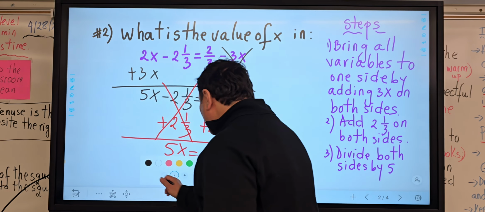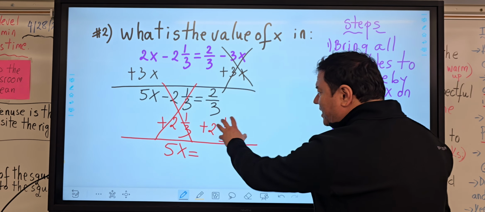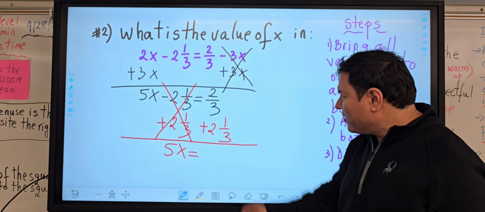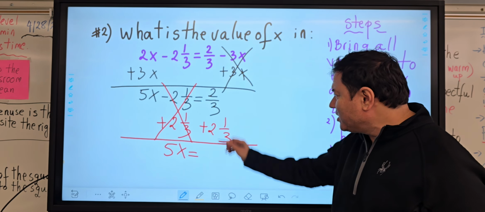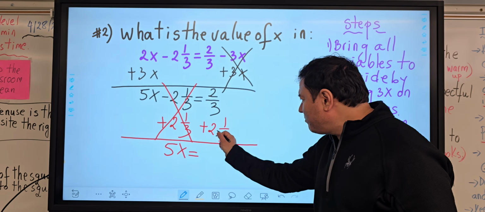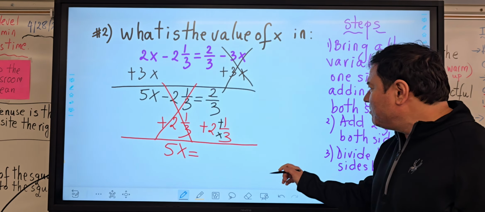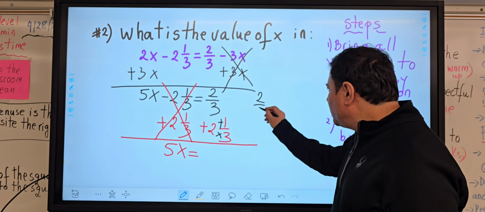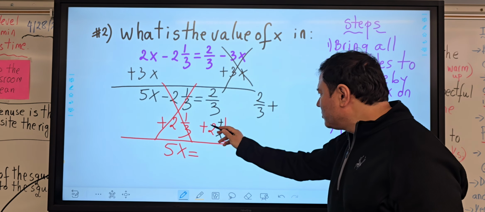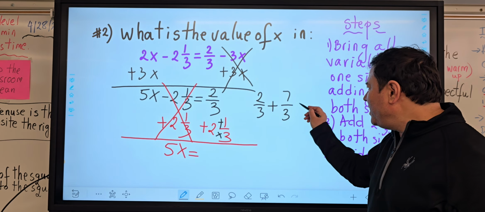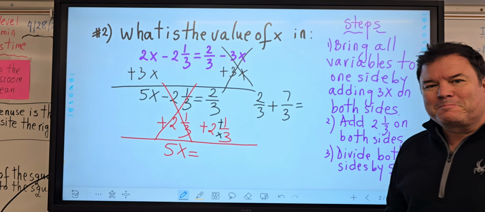And remember, when we do that, we need to change this mixed number into an improper fraction, right? By multiplying 2 times 3 and adding the 1. So we have 2 over 3 plus 2 times 3 is 6, plus 1 is 7 over 3, and let's see what we get.